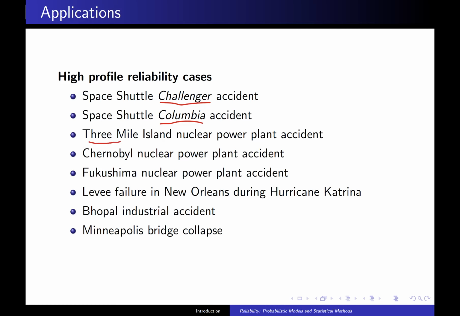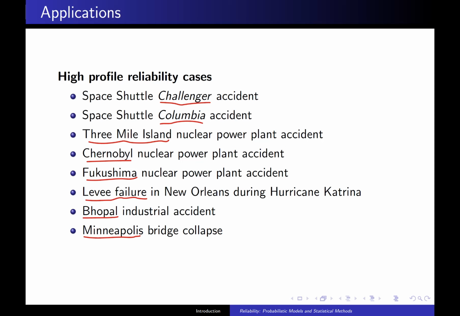You also have the Three Mile Island, Chernobyl, and Fukushima nuclear power plant accidents. And there is some detail associated with each of those and how they came to be. The levee failure in New Orleans during Hurricane Katrina. In Bhopal, India, there was a very, very bad industrial accident. Also have the Minneapolis bridge collapse.